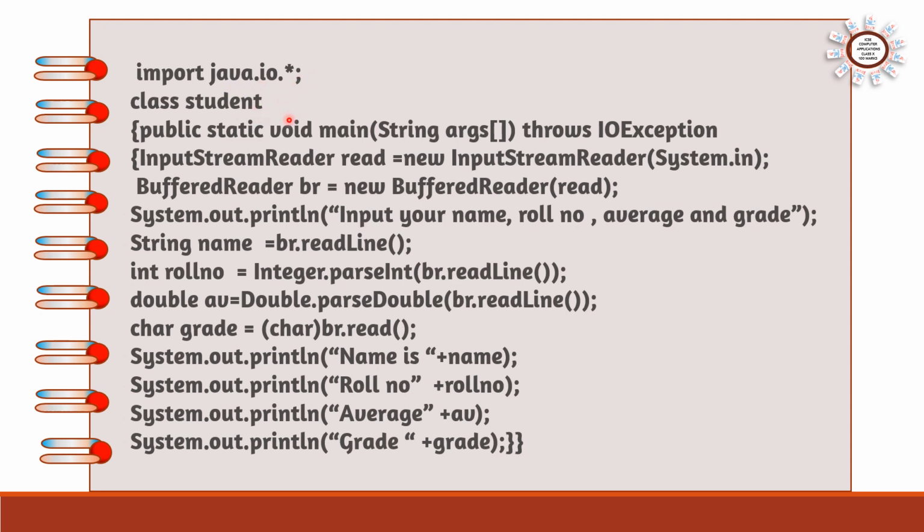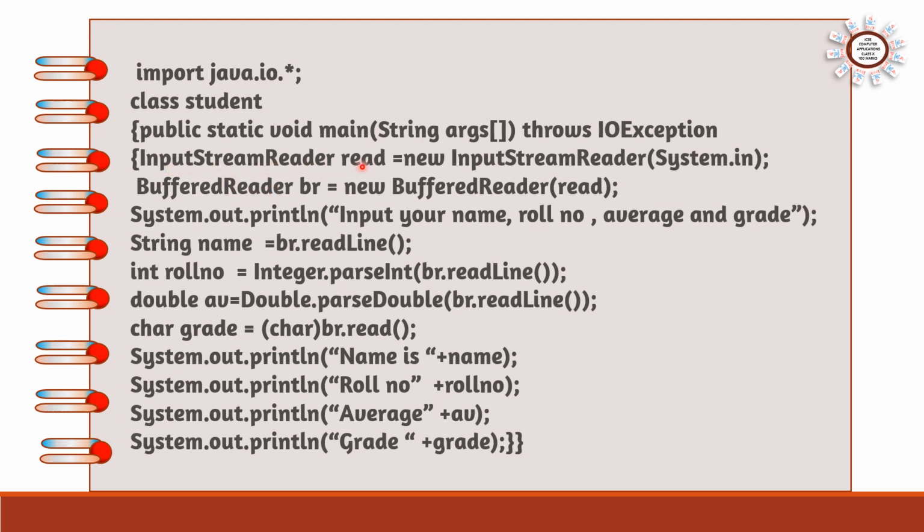Class Student, create a class name, public static void main(String args[]), and here throws IOException. Here we are warning the compiler that the program can show input output errors. Exception means errors. In detail we will do later. So throws IOException, with IOE in capital. This will come whenever we are using InputStreamReader.